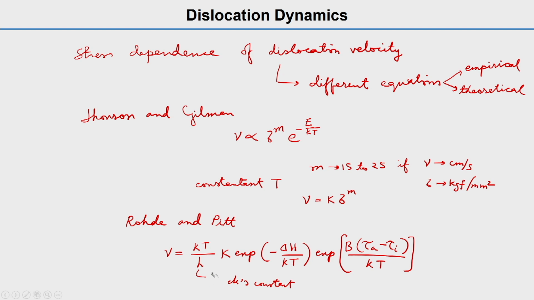Capital K is a numerical constant, and small k is the Boltzmann constant, and B is activation volume, and similarly delta H is enthalpy of activation, tau A is applied resolved shear stress, and tau I the long range internal stress.